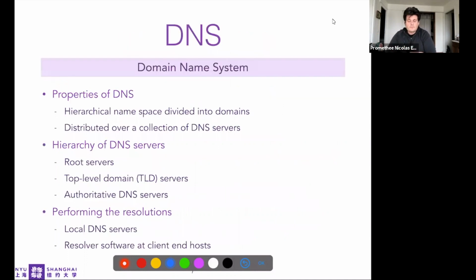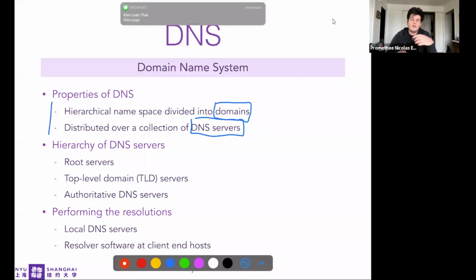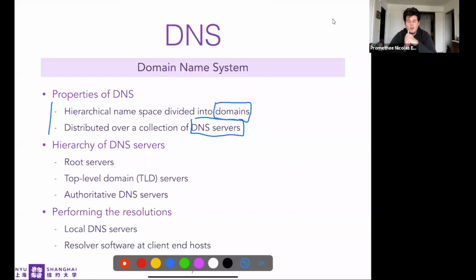To study DNS, we first need to go over the properties. How are the names organized in different domains? We need to understand why we divide them in domains. Then we will try to understand how the servers are organized together, how they are connected together. Then we introduce on top the root.